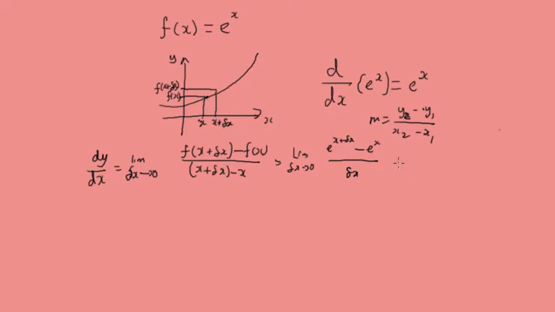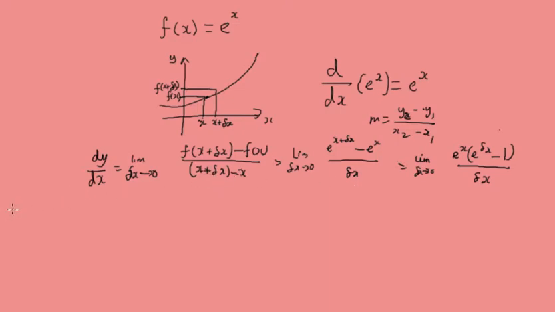Because the x minus x cancel, we just have dx there. Then as the limit as dx heads towards 0, we can play around with this. This is the same as saying e to the x, times e to the dx minus 1 over dx.